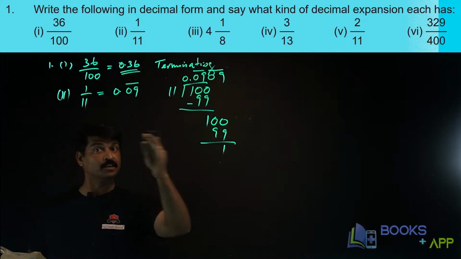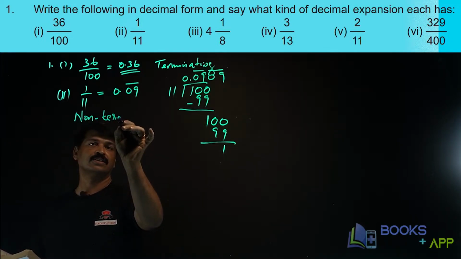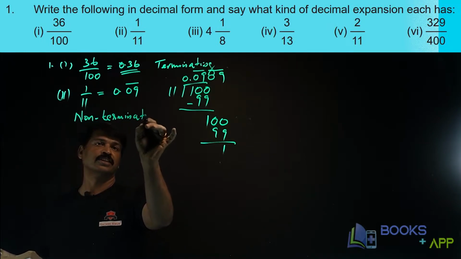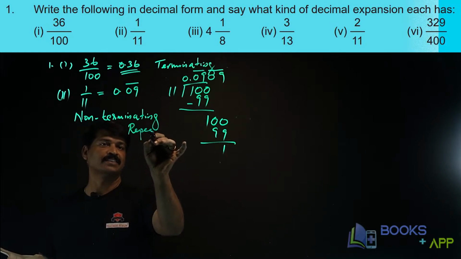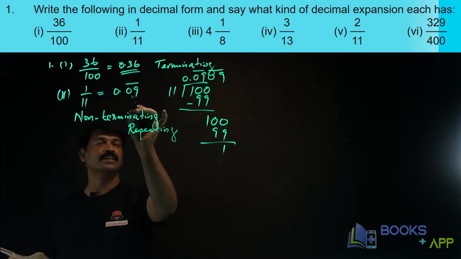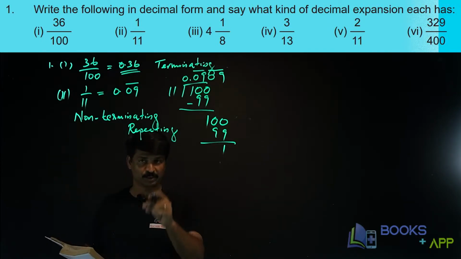It is not terminating, it repeats. So it is non-terminating, repeating. 09 is repeating. So it has a non-terminating, repeating decimal expansion.